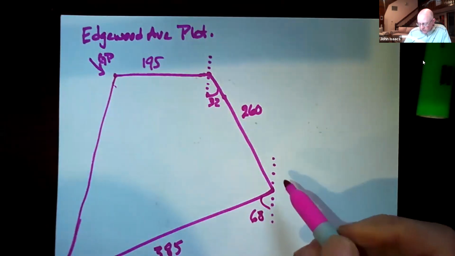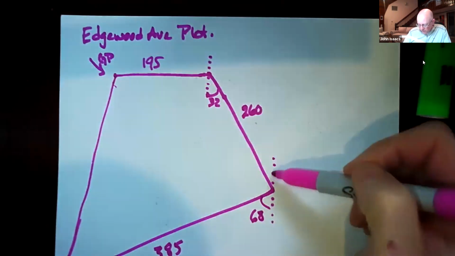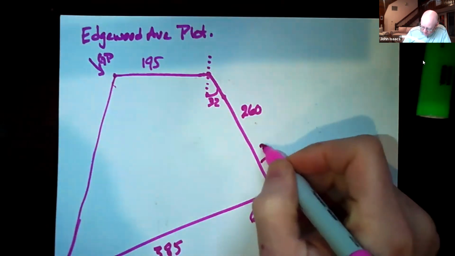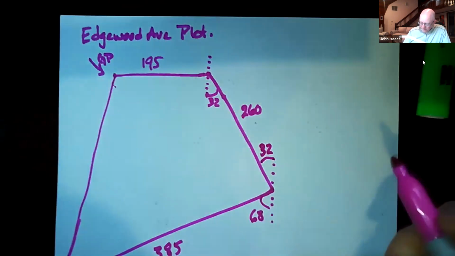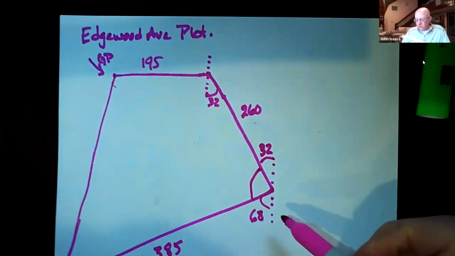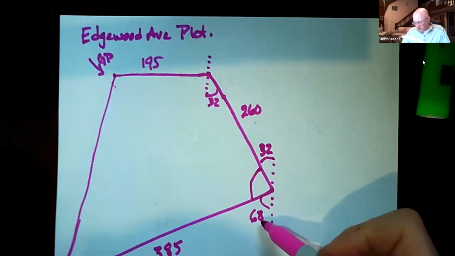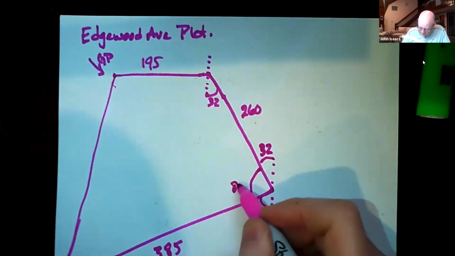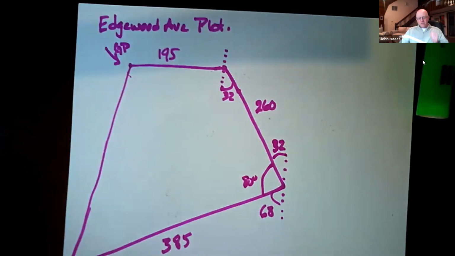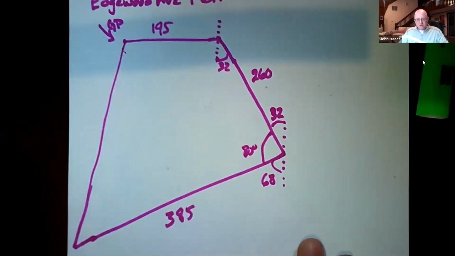Now you also know, because these are parallel lines and these are also interior lines, that this angle is 32 degrees. And that means that these three angles have to add up to 180. So 32 and 68 is 100, so this angle is 80 degrees. All right. Now, we're going to break the shape into two pieces.